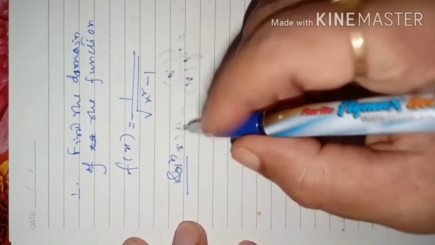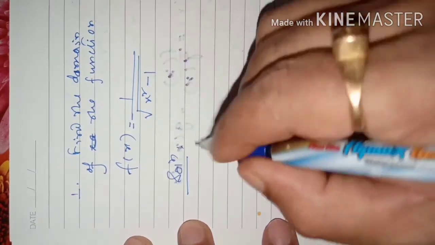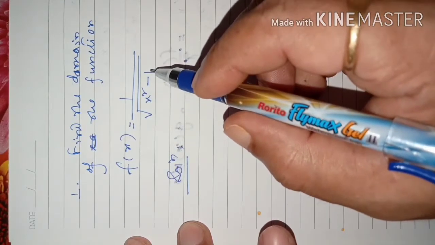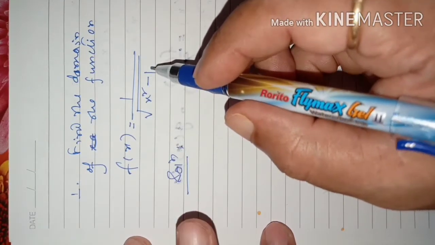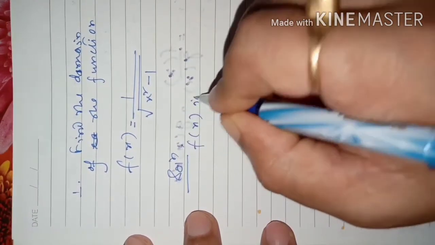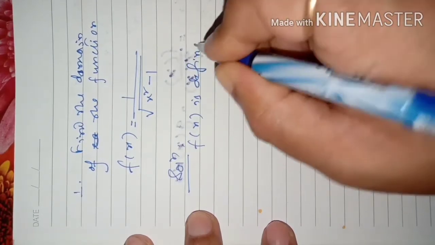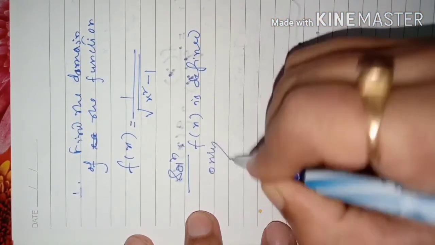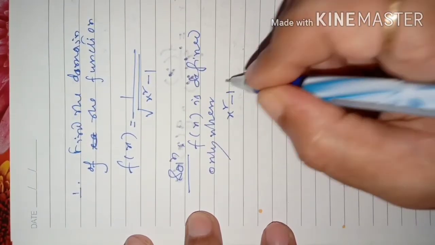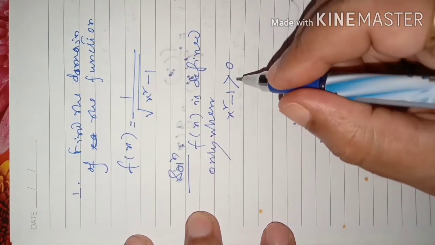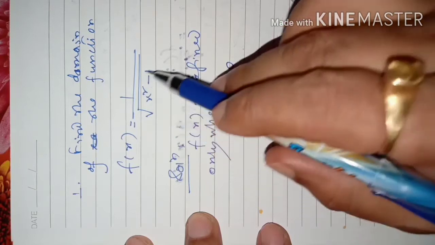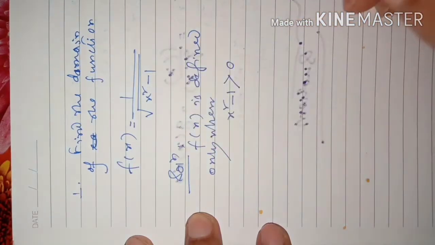That denominator is under a square root. So it will be defined only when x square minus 1 is greater than 0. So f of x is defined only when x square minus 1 is greater than 0. Here we cannot say equal to 0 also, because the denominator can never be 0, since it is 1 by something.